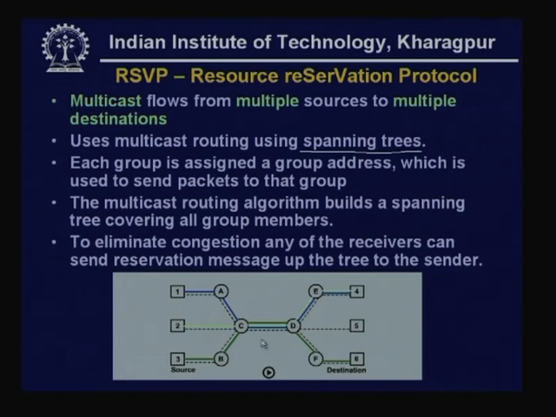Now the nodes C and D have to find out whether there exist enough resources between C and D, and only then will they allow destination station 6 to set up the virtual circuit. So we find that in this way the resources are reserved before the transmission of data takes place, and this is very important particularly in multicasting applications.